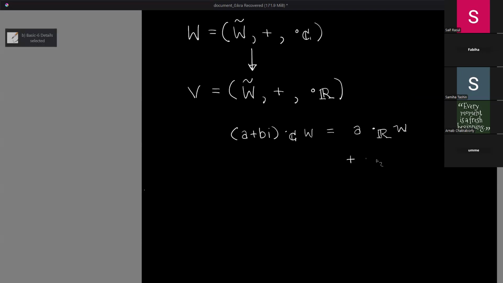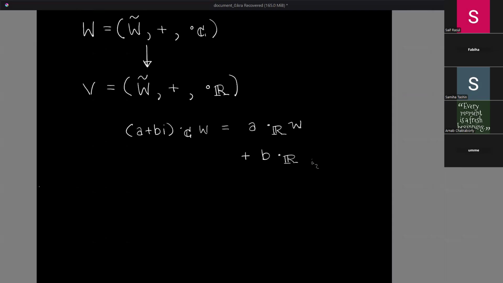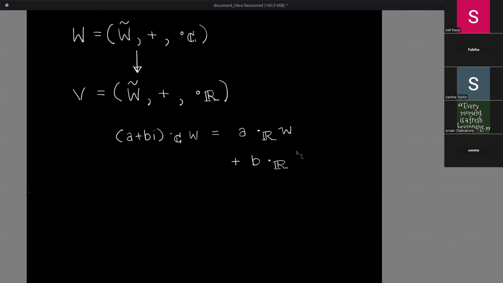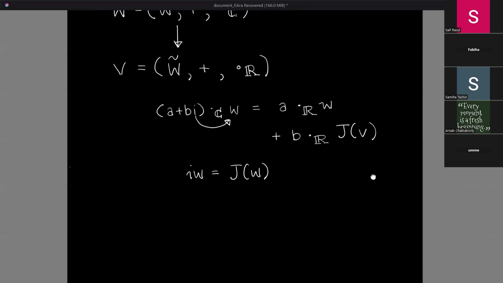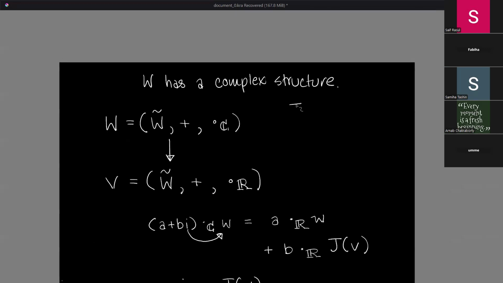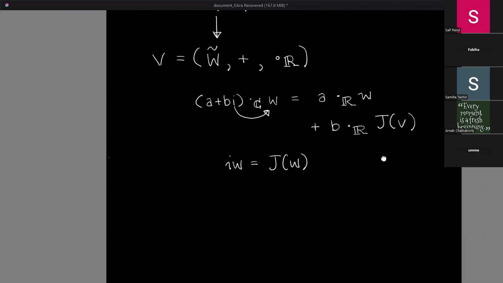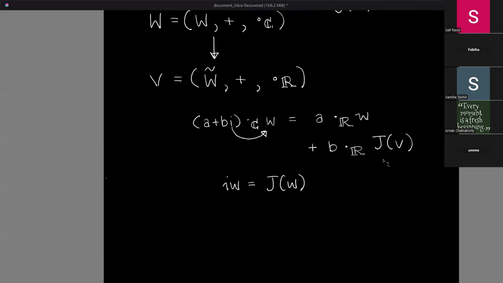J of w comes from the fact that we're taking this i and distributing it into this w, we get iw, which is equal to J of w, from our previous definition that J of w by definition is equal to iw. So we can see that any scalar multiplication can be rewritten in terms of this.